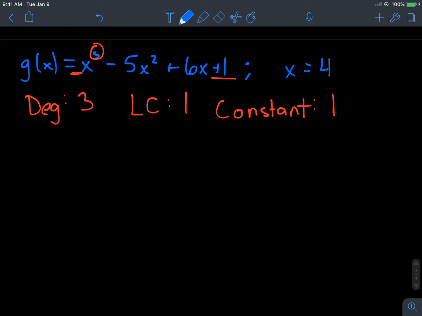The value we're asked to evaluate for is x equals 4.